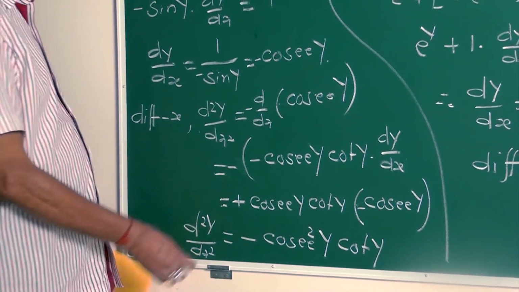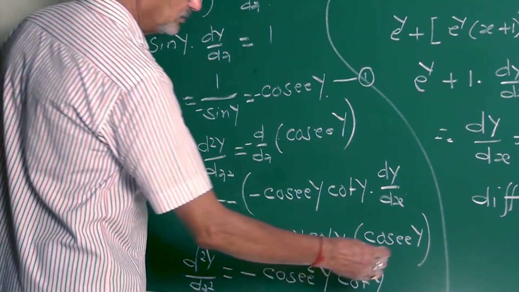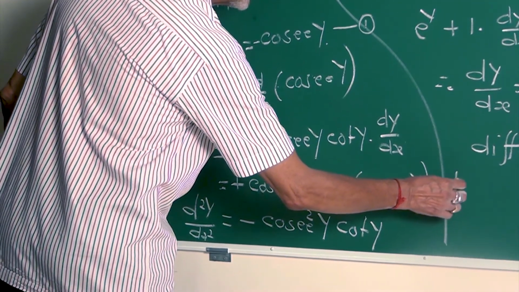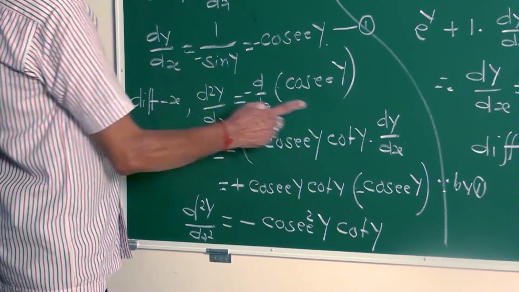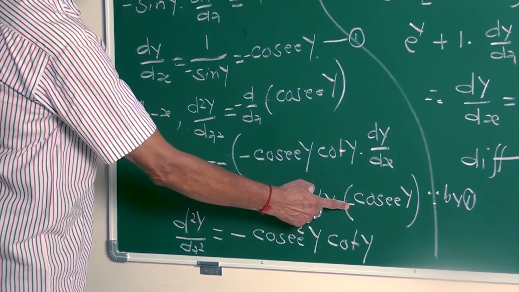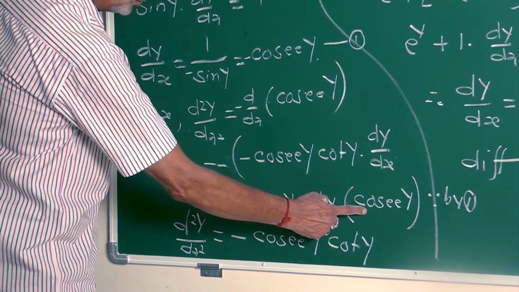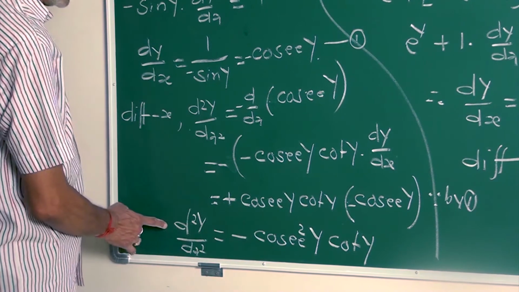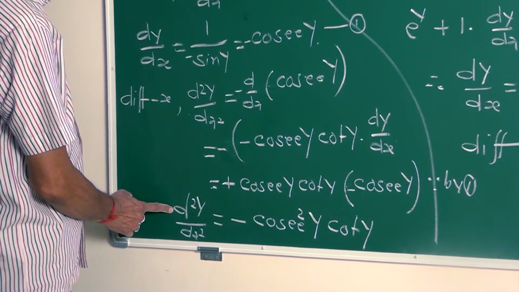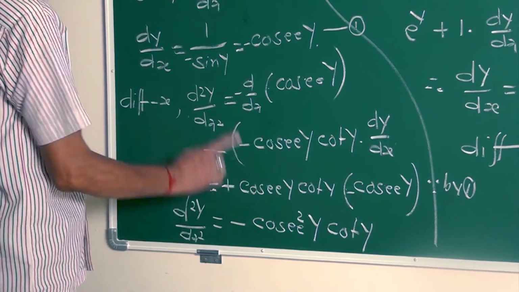From this you can say it is minus cosec y. Cosec into cosec gives cosec square y into cot y, with the sign as before. So d2y by dx2 is purely in terms of y, my friends.